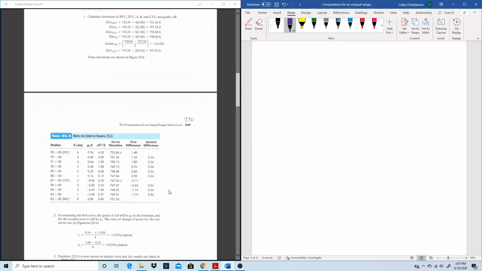So the formula for this equation is 25.4, and that's R equals, so they've got an R and a little 1 because that's our first curve. The formula is G2 minus G1 over L.